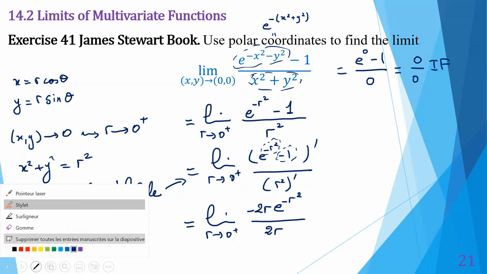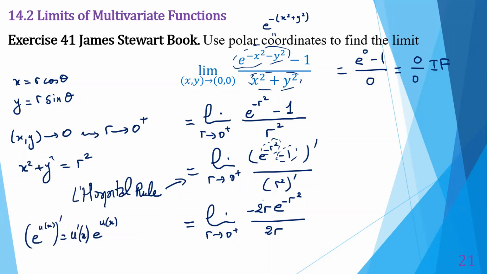This is good news. We can simplify, which means that we are moving forward to the final answer. So r and r go, and 2 and 2. So it's the limit when r goes to 0 plus of minus exponential minus r squared. If I replace r by 0, I end up with minus exponential 0, which is minus 1.